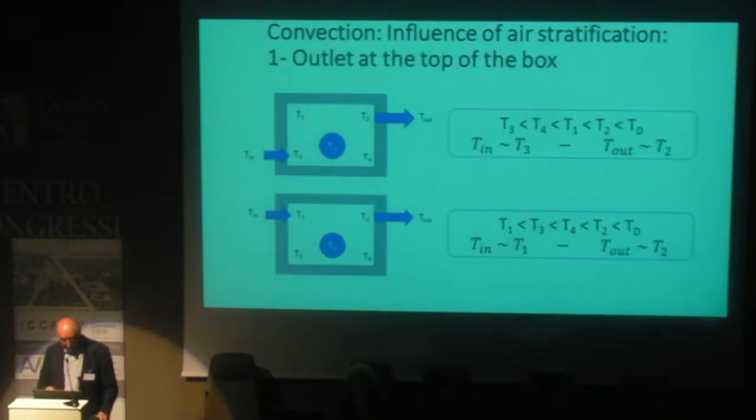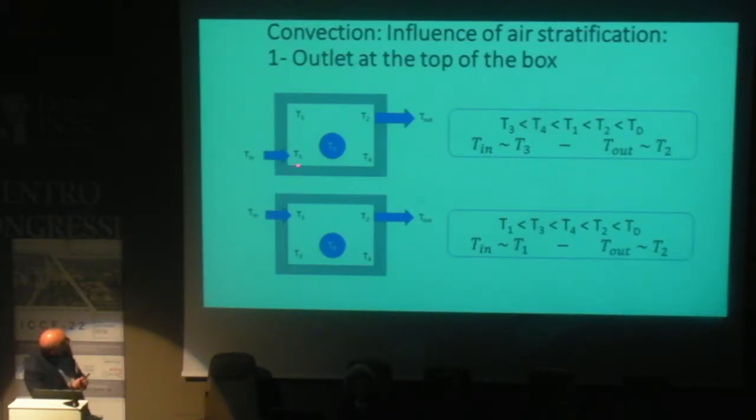Convection: there was also a debate concerning the air stratification inside this airbox. So let's discuss this a little bit. In this picture, I place the outlet pipe at the top of the box, okay? And if you try to imagine the relationship between these different temperatures in the air, you should agree probably that it goes in this order.